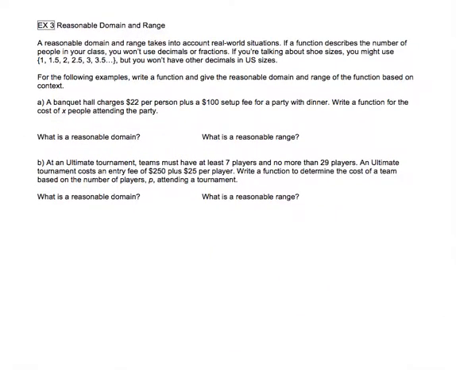All right, last topic is reasonable domain and range, which takes into account real-world situations. So if a function describes the number of people in your class, we wouldn't write an inequality sandwich. We wouldn't say x between 0 and 25, because x can't be anything between those numbers.